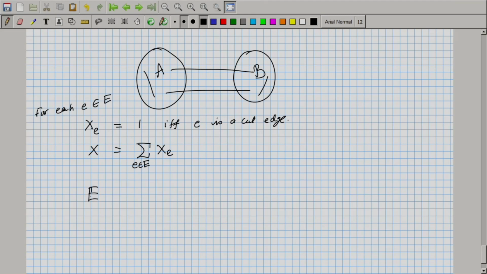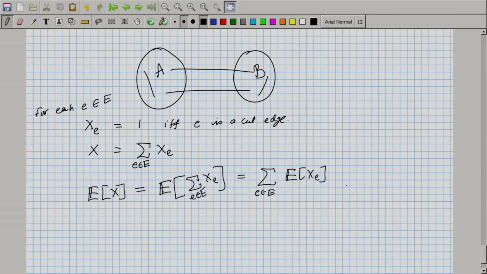We are interested in computing the expectation of x. So, this is equal to, by linearity of expectation, you can take the expectation inside. So, this is just the sum over e belonging to E of expectation of x_e. What is the probability that one edge is a cut edge? Well, it has two vertices u and v.